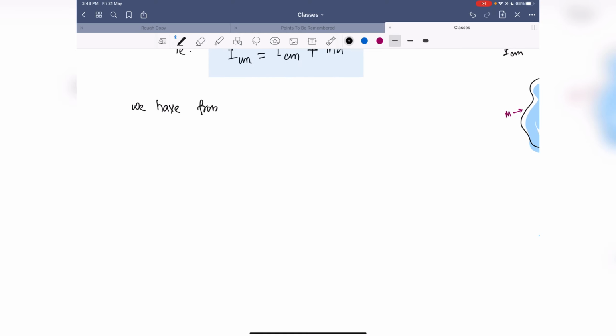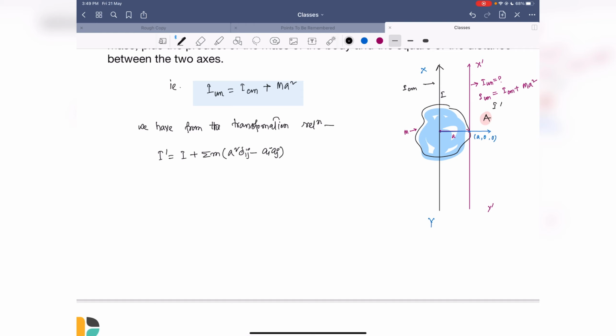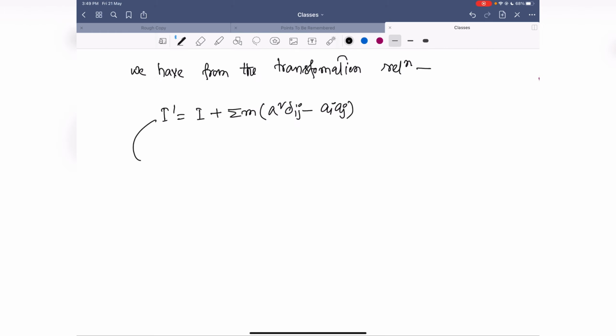We have from the transformation relation I dash to be equal to I plus summation of m a square del ij minus ai aj. So you see it is moved in x direction only, so the x component only is present, that is a only present, and the rest are 0. So I will write this in component form, that is Ixx and Iyy and Izz.